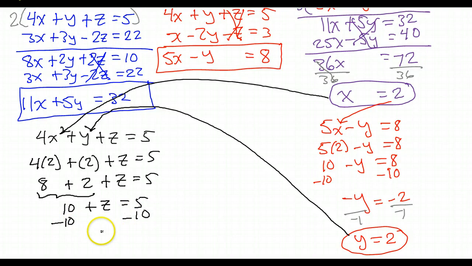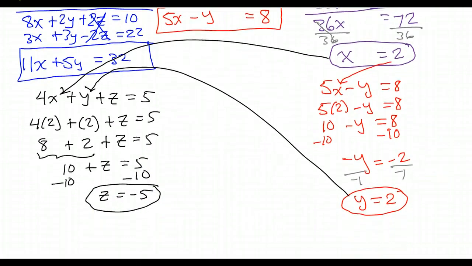Subtract 10 from both sides. That gives me z is equal to negative 5. Okay, so we have all three values, x, y, and z. For your final answer, you would put them in x, y, z order. As an ordered triple, it would be (2, 2, -5).